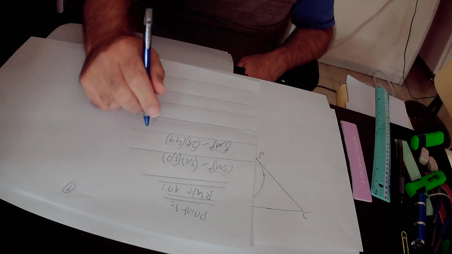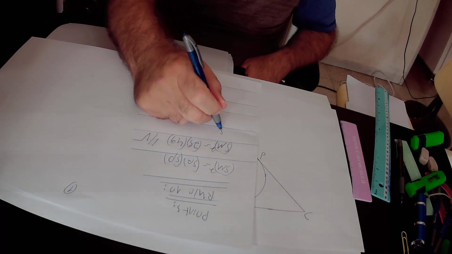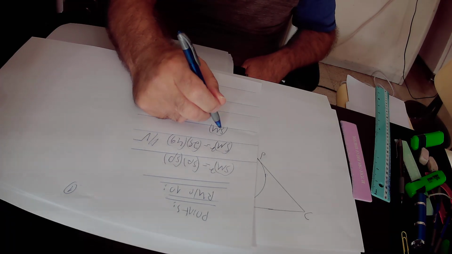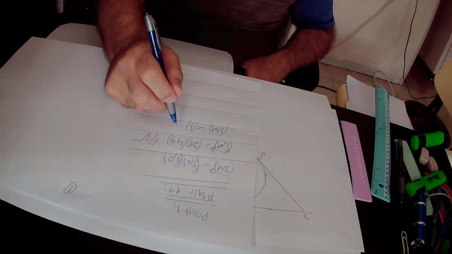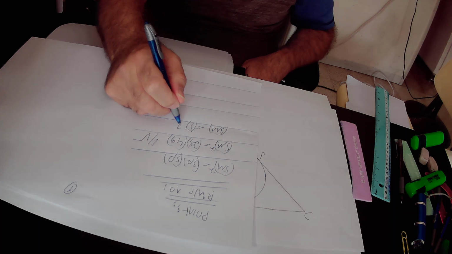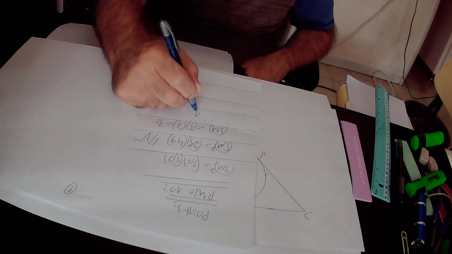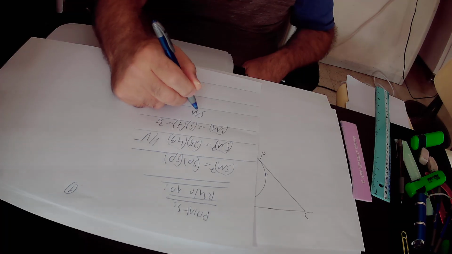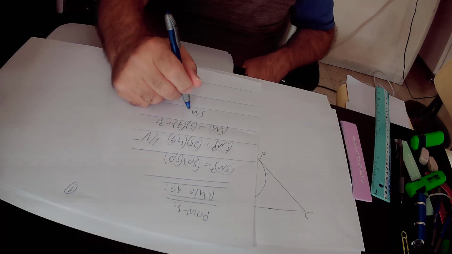Here we take the square root of all those terms and find that the missing tangent SM is equal to the square root of 25, that is 5, times the square root of 49, that is 7. So in total SM equals 5 times 7, that is 35.